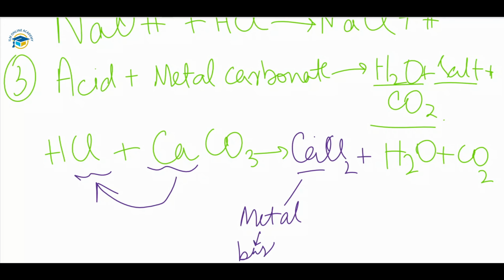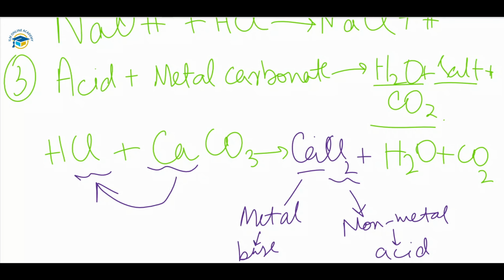And we have the non-metallic part, and that non-metallic part always comes from the acid. So this is how the combination of the metallic part of the base and the non-metallic part of the acid forms the salt. So this is an example of the reaction of the acid and the carbonate that produces water, carbon dioxide, and also the salt.